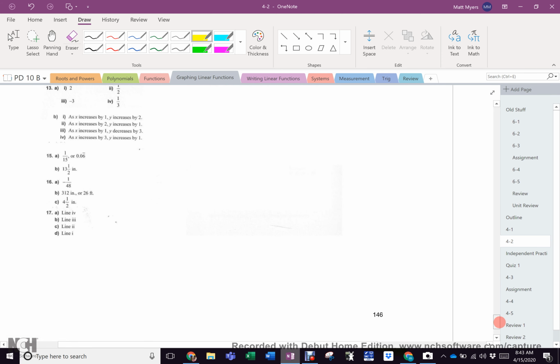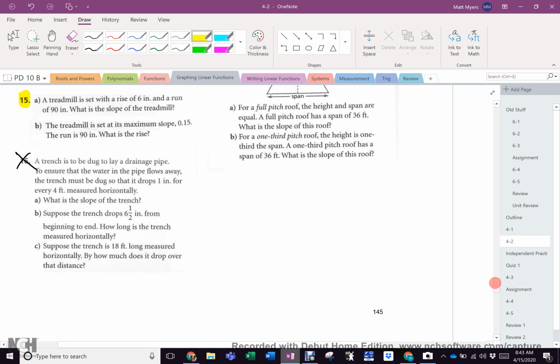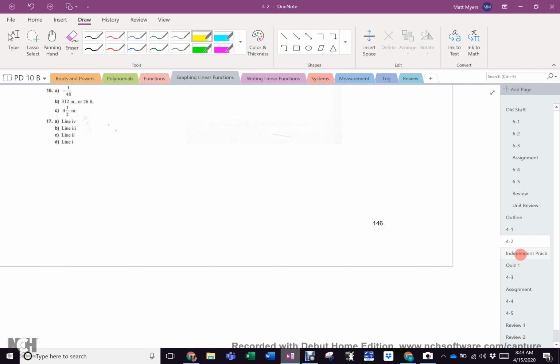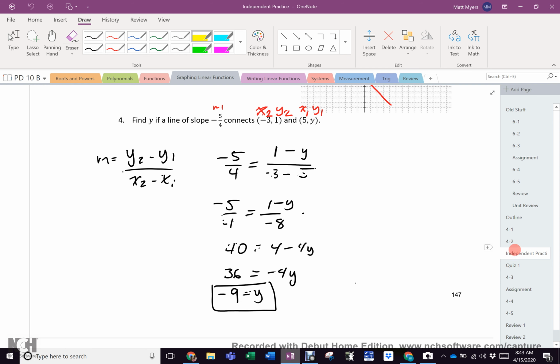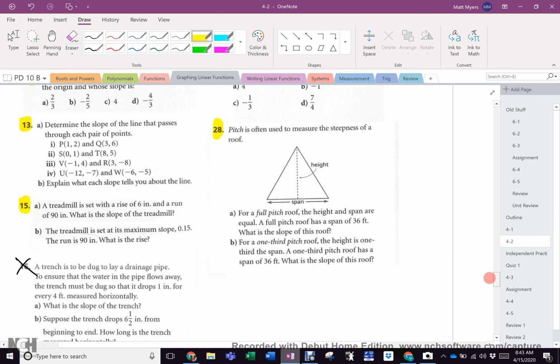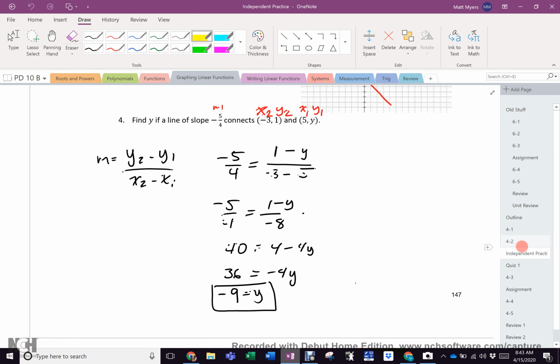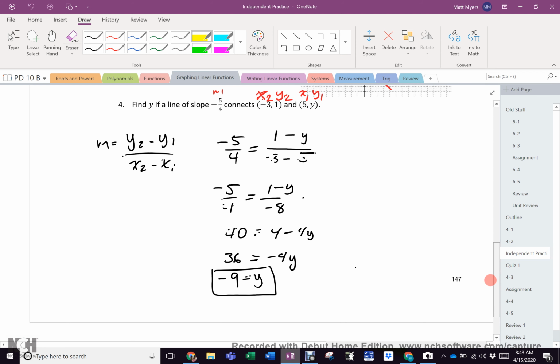And there's the answers for those. You guys are going to have a quiz very soon. You can see right here, a quiz is coming up, but first you have some independent practice, which is page 147. I think it's only 4 questions.